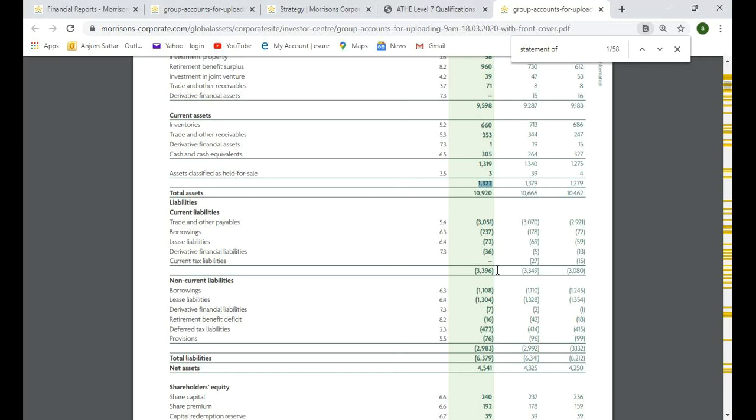And the liability this year is 3396, and last year was 3349. So our liability went up. We can divide this by this figure, find the ratio, and then look around the industry ratios.